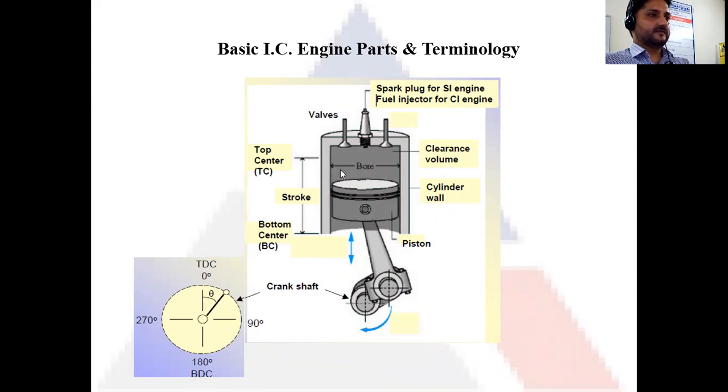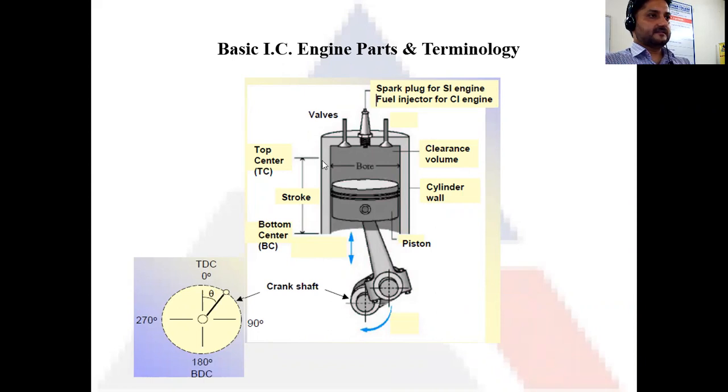It moves between the two dead centers. That is the top dead center, called the TDC, and the bottom dead center, BDC. The top dead center is the topmost position up to which this piston head can go, and BDC, or the bottom dead center, is the bottommost position up to which this piston head can reach.